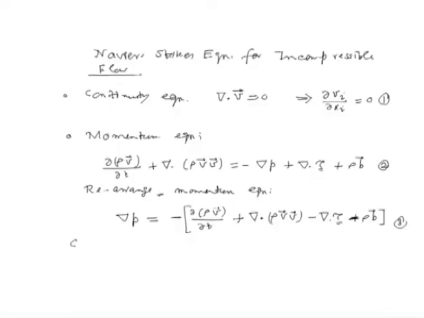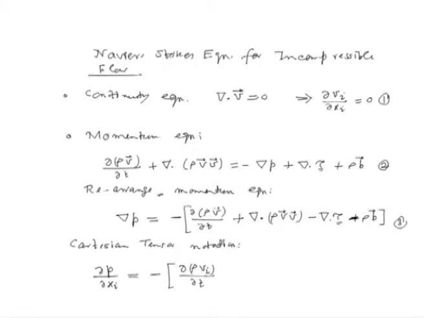For simplifying our algebra, let us write this equation in Cartesian tensor notation. So, the left hand side is del P over del x i, equal to minus, within big brackets, del of rho V i over del t.